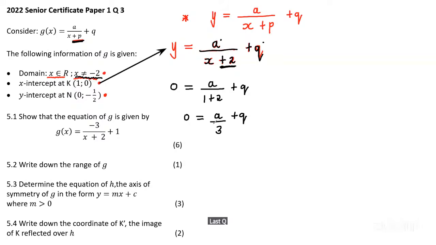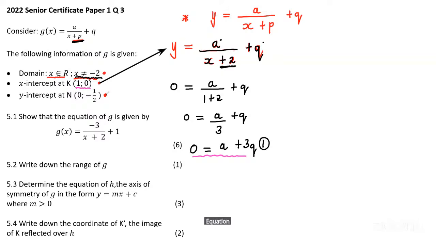You have an option here. You can cross multiply everything by 3. So this gives me 0, cross multiply a over 3 by 3, it gives me a, cross multiply q by 3, it gives me 3q. So eventually I have my first equation. The first equation arising because it's literally substituting the value of x as 1, y as 0. So I get equation 1.